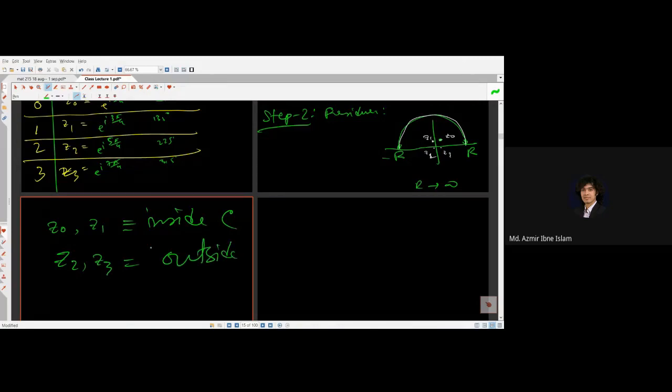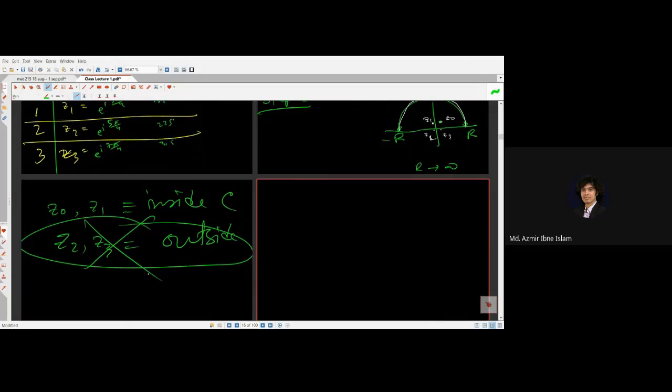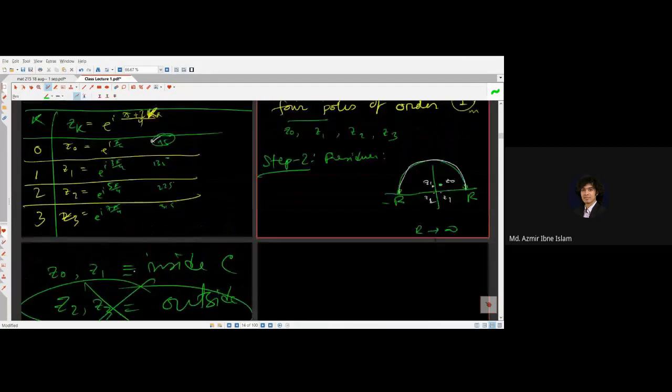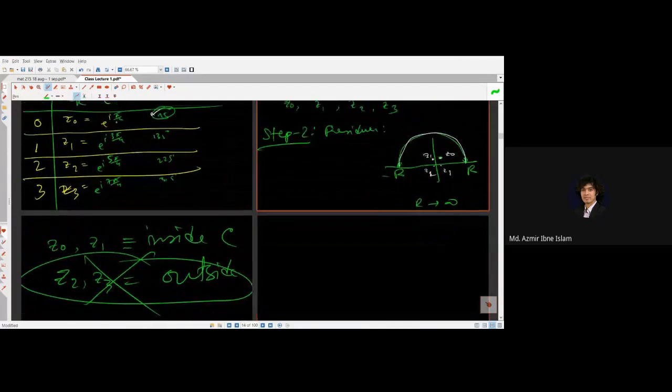So we are doing the same thing, but the problem is a little bit different. It is an improper integral. So this is the difference. Okay, so let's find the residue for z0. For z0, let's say the residue will be R1. For z1, the residue will be R2. Okay, residue at z equal to z0, where z0 is e to the power i pi by 4.